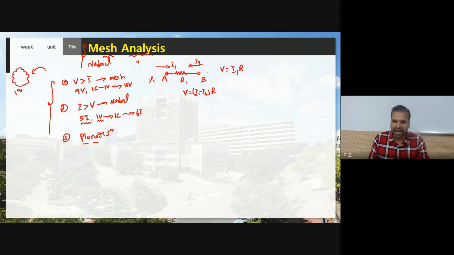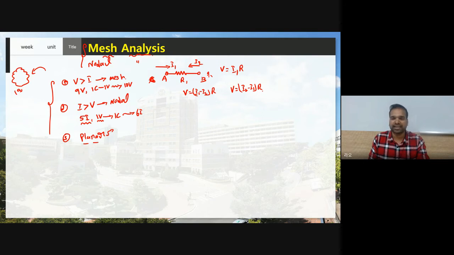If you are standing at B and want to find the voltage, what current is flowing from terminal B? I2. Therefore, in that case, you write V equals (I2 minus I1) times R. So this is very important. If you are at terminal A, you need to write (I1 minus I2) times R.